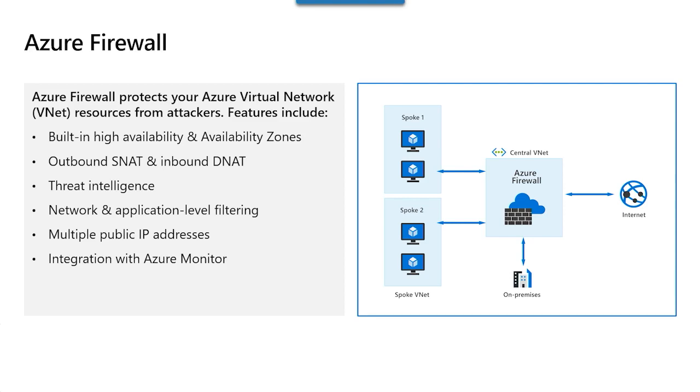On top of that, you have built-in high availability and the use of availability zones. Like your NSG, it uses IP addresses, ports, and protocols for filtering. And, this is really cool, it has built-in threat intelligence detection that can automatically block known malicious IP addresses.